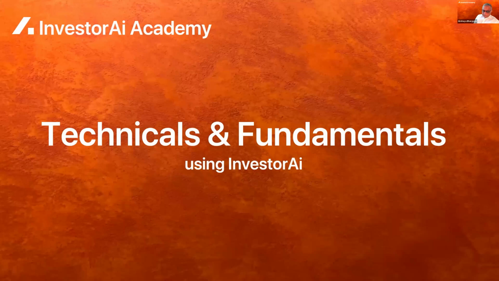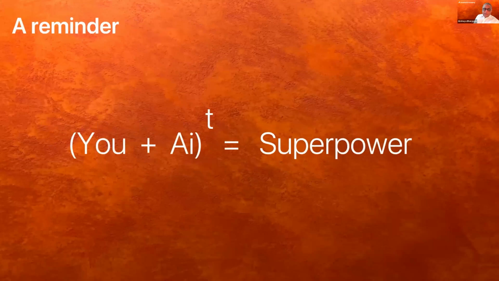and how they actually contribute to your investment strategy. And for that, I want to go back to an old slide, and I want to remind everybody on this webinar that the real superpower that all of us have is a combination of human and machine. So you and AI are the real components of the superpower. The third component is time, and that we have talked about enough, so I'm not going to dwell on that.